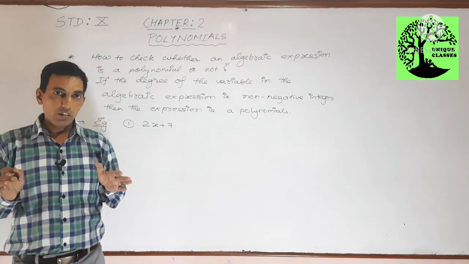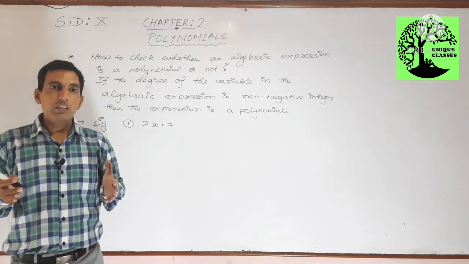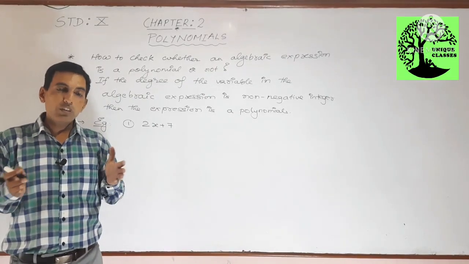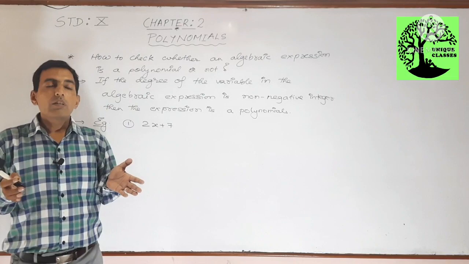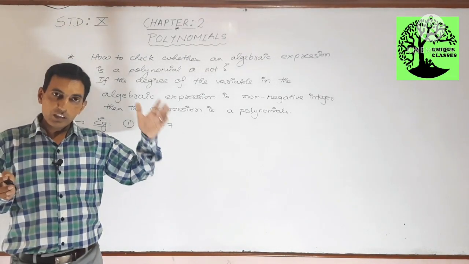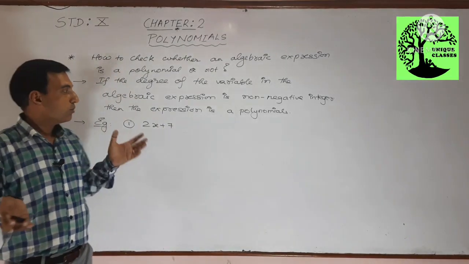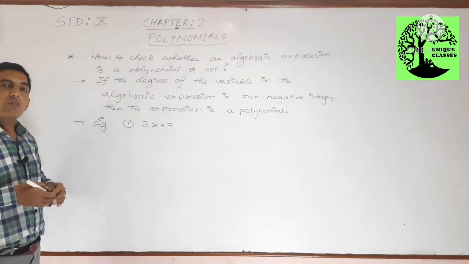Non-negative, student, means it must not be a negative integer. So, what must it be? It must be a positive integer, that is 1, 2, 3, 4, 5, 6, or it can be 0 also. So, you have to check the degree of the variable.